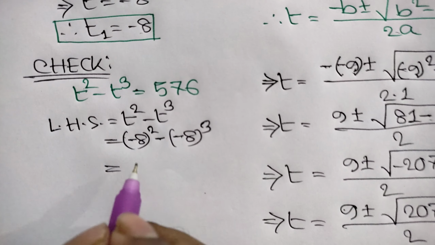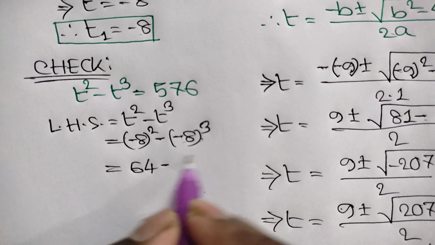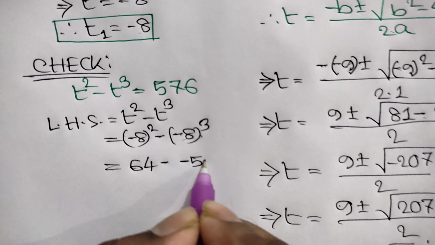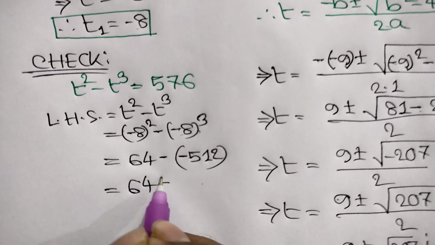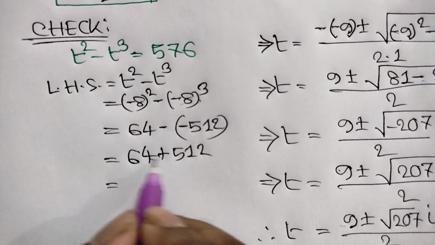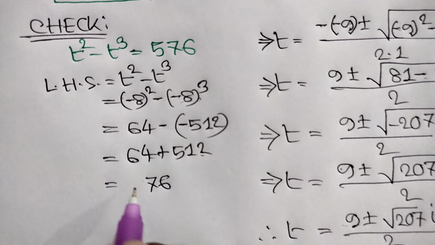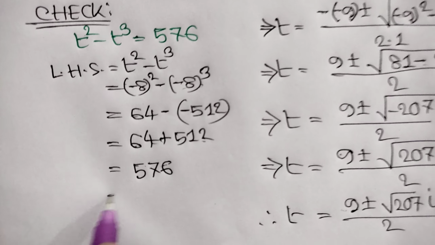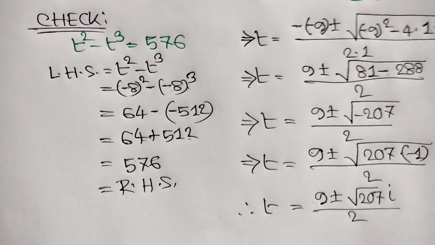That means 64 minus negative 8 cube, which is minus 512, is equal to 64 minus, which is plus, 512, which is equal to 576, which is equal to the right hand side. So this is proved.